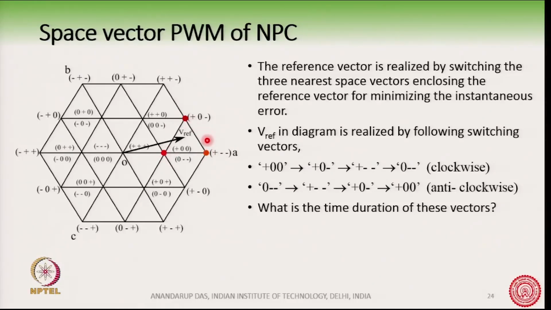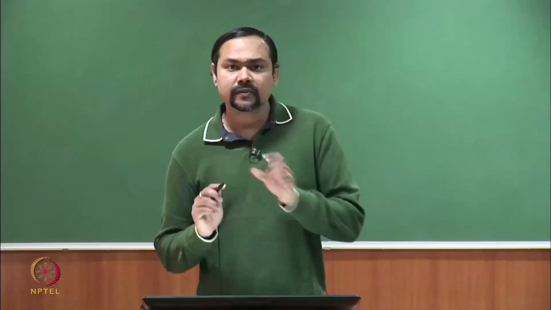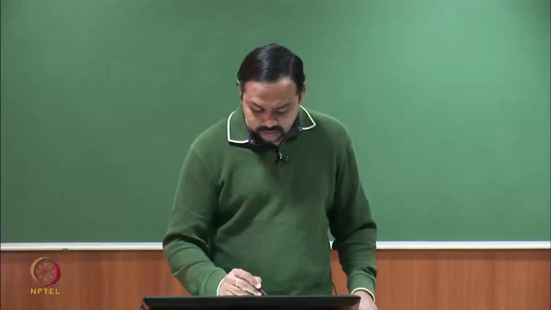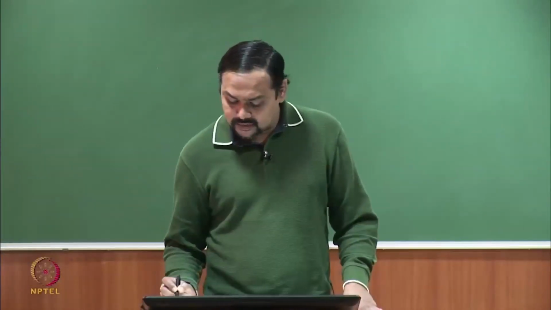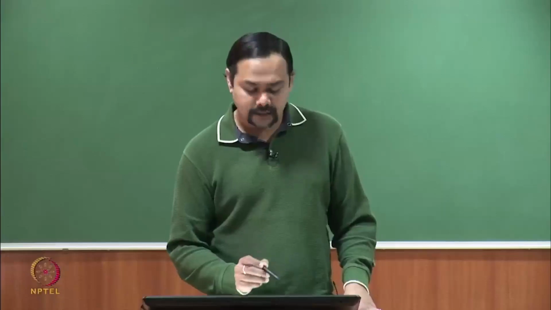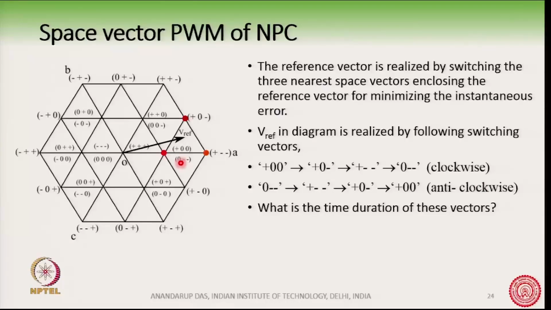It is as if the placement of these vectors in switching is a clockwise placement. We can as well do an anti-clockwise movement like 0 minus minus, from 0 minus minus we can go to plus minus minus, plus 0 minus and plus 0 0. We could have also moved anti-clockwise in the selection of the space vectors.